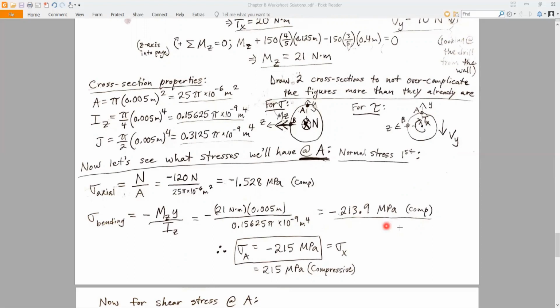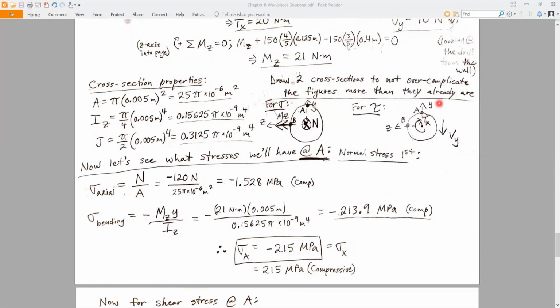And that normal stress is going to be in the X direction. That's important to look at. I usually think of it as because our normal force is going in the X direction, that's the direction that our bending stress is also going to be stressing our element, in that X direction. So that's our normal stress at A.